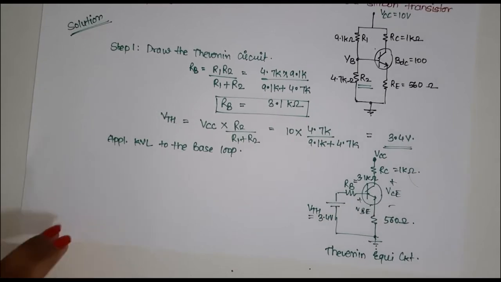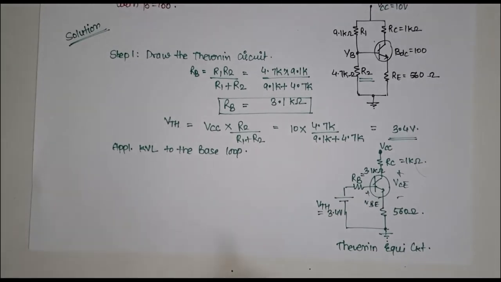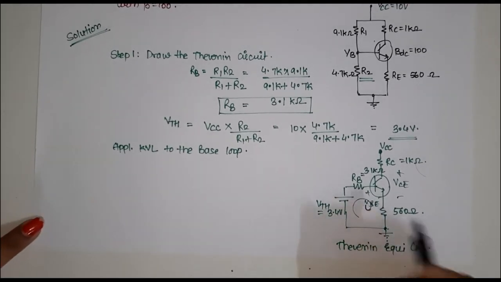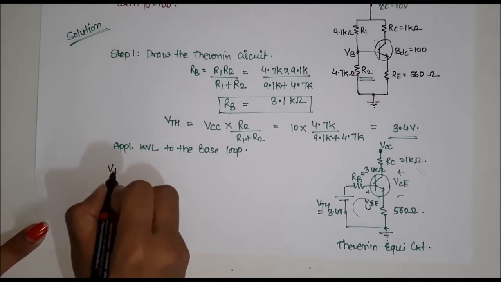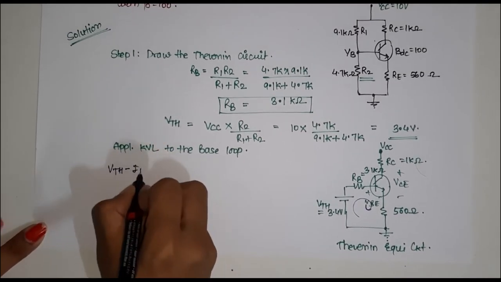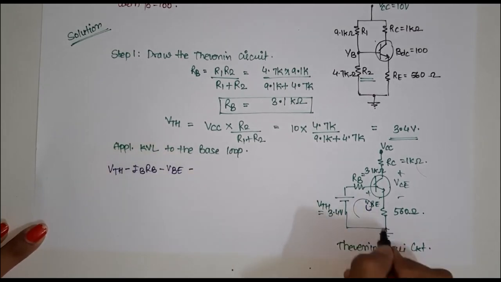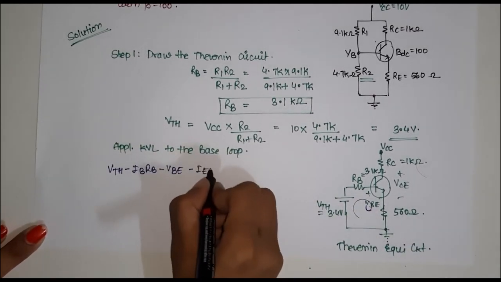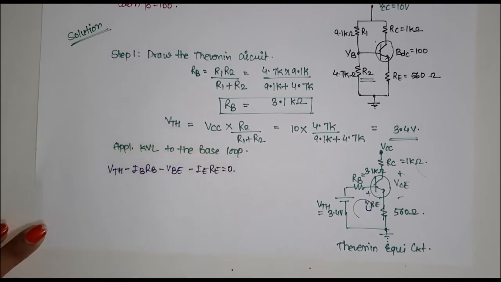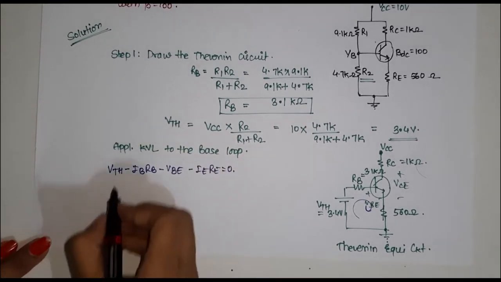Okay, so now what we'll do is we'll apply KVL. Okay, यहाँ पर. So the value will be VTH minus IBRB minus VBE minus IERE is equals to 0. Now सारे करंट को हम in forms of IB लिख देंगे for our convenience.